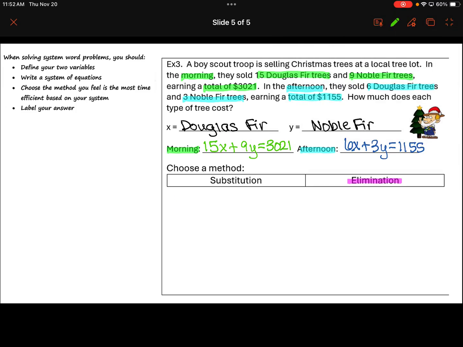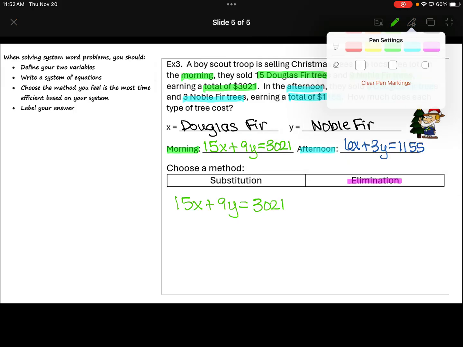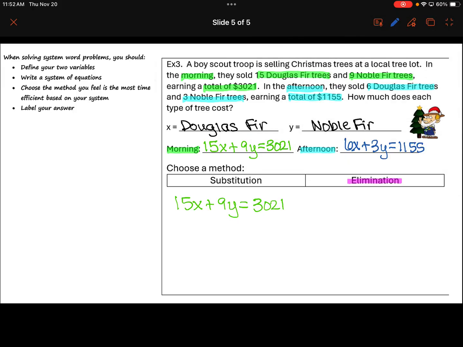I am going to write down my first equation, 15x plus 9y equals 3021. I am going to choose to multiply this second equation by 3 because I can tell I can make my y values match up pretty easily. So that's going to give me 18x plus 9y equals 3,465.